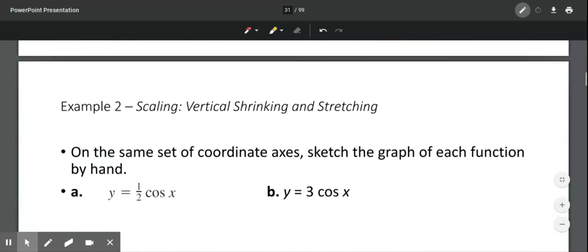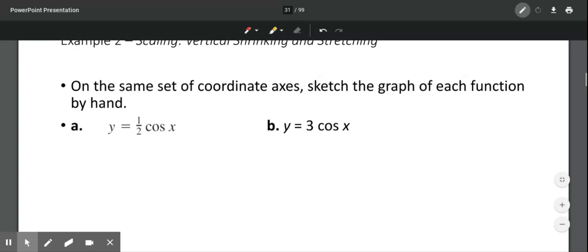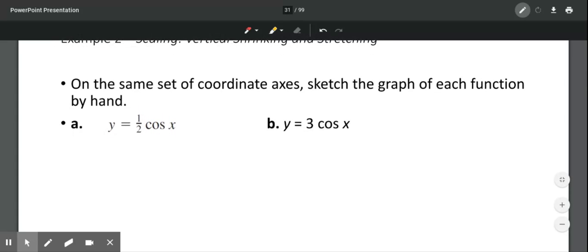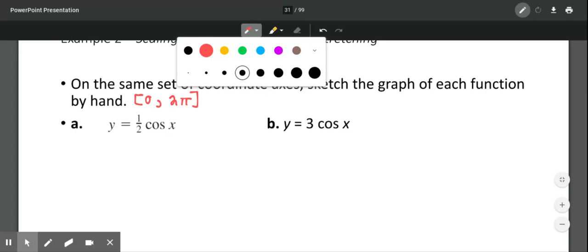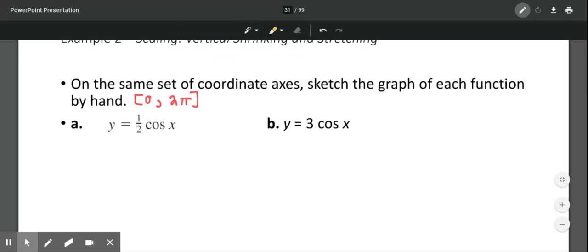All right, so let's look at these two examples here, and we're going to sketch a graph of each one. To make it quick, we'll go from 0 to 2 pi, so we'll just do one cycle of our graph, right? We're going to start first by drawing our axes. If I go out from 0, this is pi over 2, pi, 3 pi over 2, 2 pi.